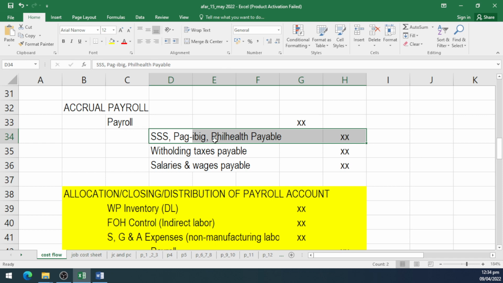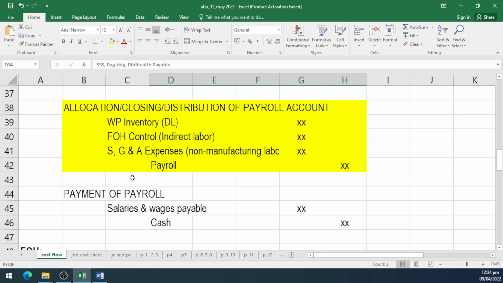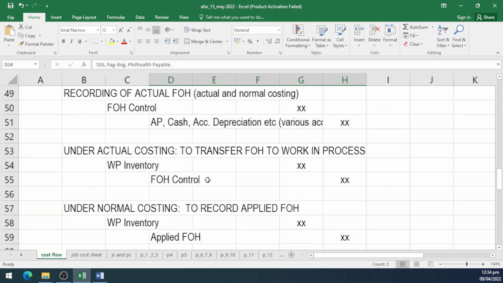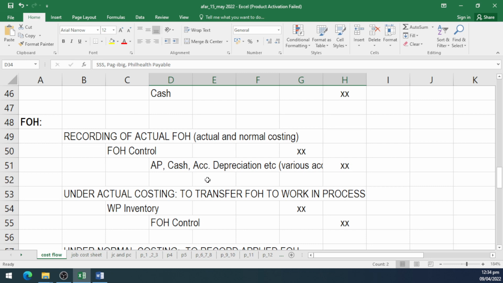Yung share ng employer sa SSS, Pag-ibig, PhilHealth, charge natin yon sa factory overhead control, of course, if the payroll is attributable to manufacturing labor costs. Otherwise, that will be charged to selling, general, and administrative expenses. Tawag doon sa ibang jurisdiction, they call that payroll taxes. Next, sabay na natin tong factory overhead.